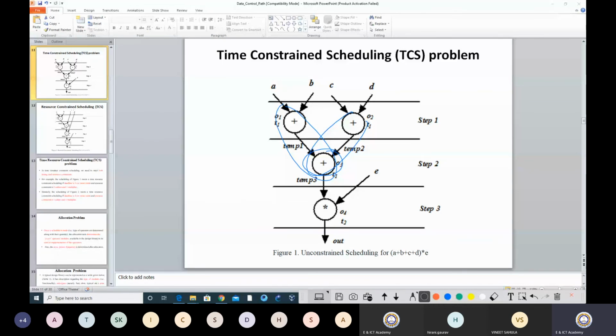Temp 1, temp 2, it is in time step 2 where I require 2 registers. In time step 3, in order to store temp 3, I require 1 register. So overall the maximum number of registers is 4. So ultimately I need at least 4 registers in order to draw my data part design. So for a data part, I require 2 functional units and 4 registers. So that is what I want.